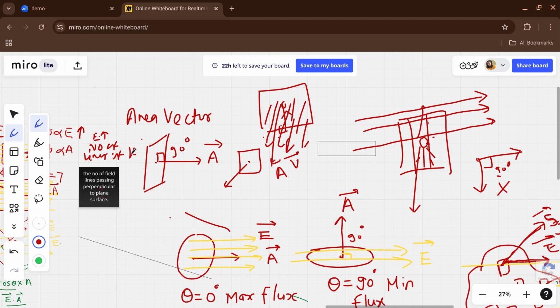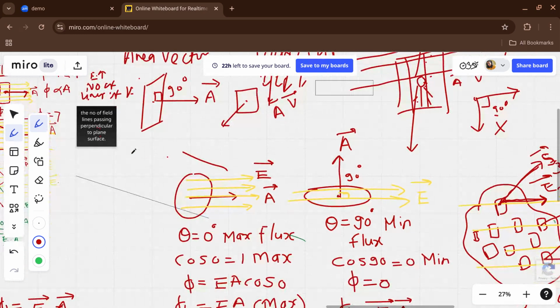So this is the case wherein theta is equal to 90 degrees, the area vector and the velocity vector of the wind are perpendicular to each other. Theta is equal to 90 degrees, output is 0. And when theta is equal to 0 degrees, both are in the same direction, output is maximum. Somehow the same concept is used here.